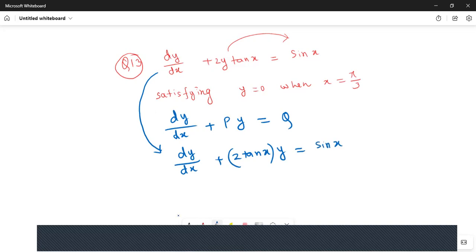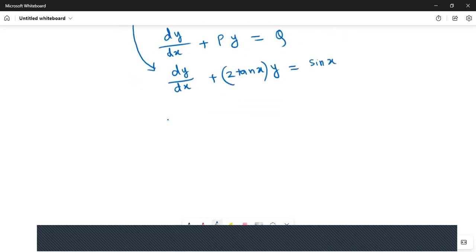Okay, so now you will write P here as 2 tan x and Q you will write as sin x. Okay, so you are going to find out what is the integrating factor. The integrating factor will be definitely e power integral of P dx. So what is P? This is your P, 2 tan x, correct?